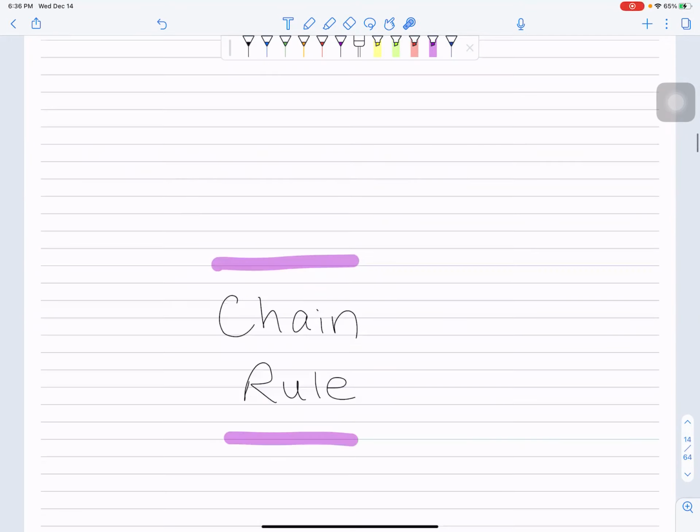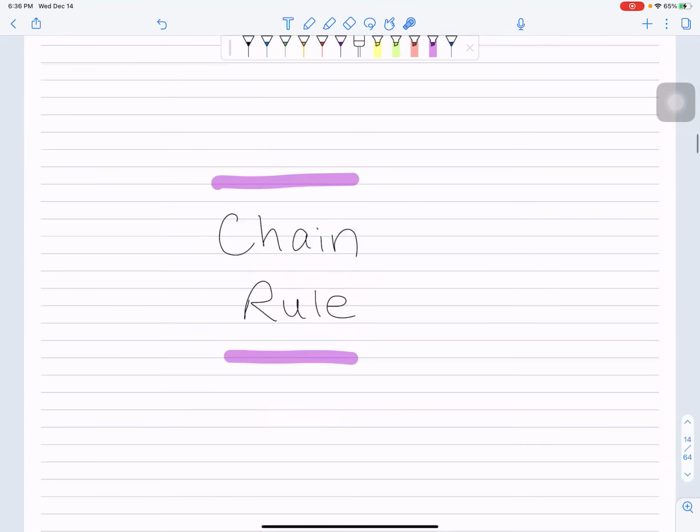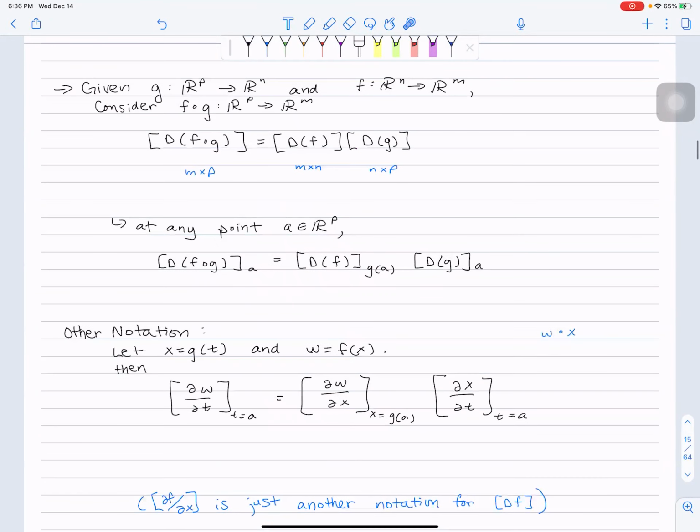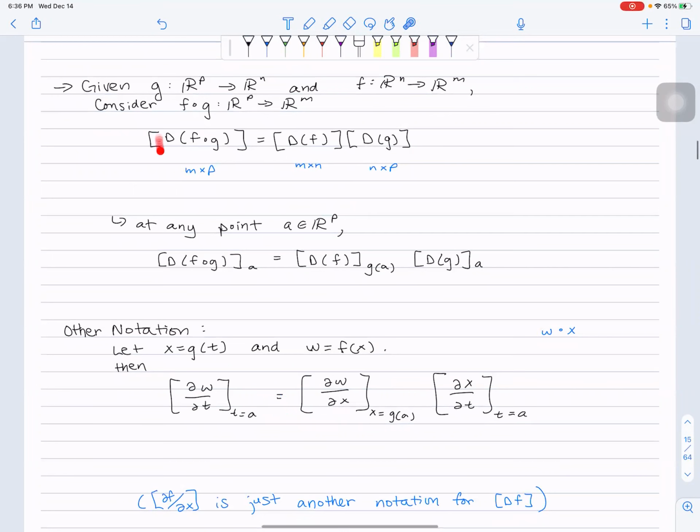Okay, so just following from that, we have one of our more advanced differentiation theorems, the chain rule, and then we'll do the inverse function theorem. Okay, so chain rule. To find the derivative of this composition, it's going to be the derivative of f times the derivative of g.